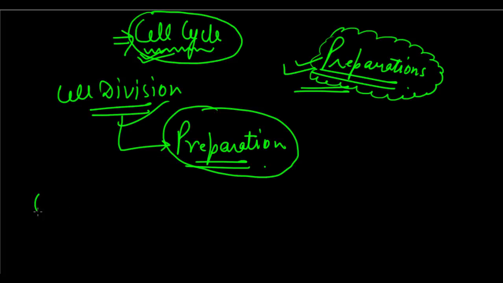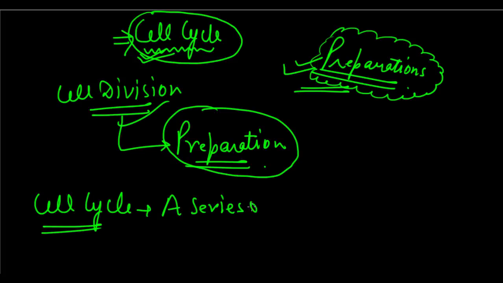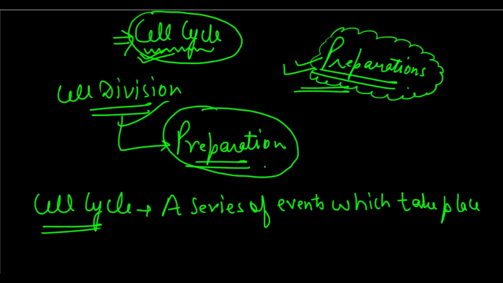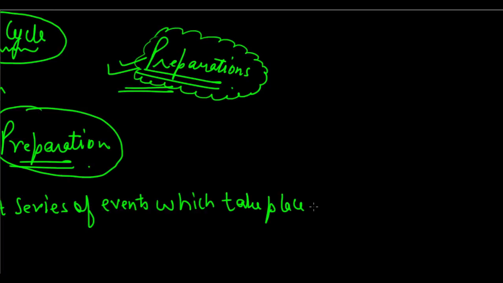So if we want to define the cell cycle, we would say that it is nothing but a series of events which take place in preparation for the cell division process.